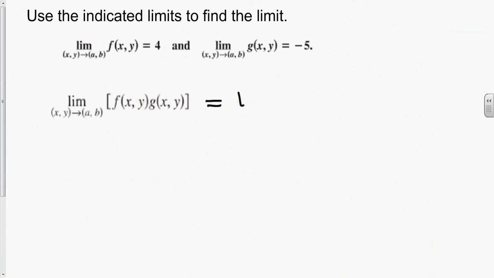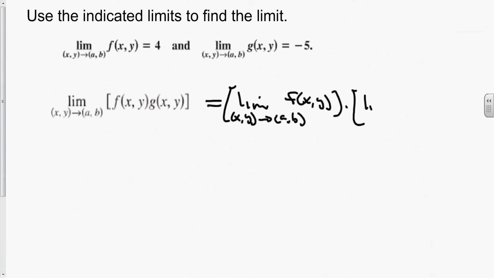So this is the same thing as the limit as x comma y go to a, b of f of x, y times the limit as x comma y go to a, b of g of x, y.